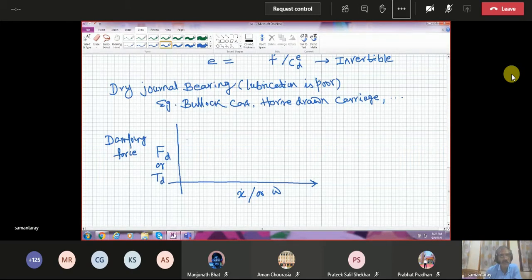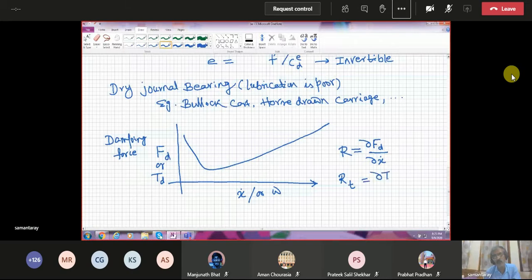It comes somewhat like this. So if it is a picture like this, we know that resistance, linear resistance, is del FD by del x dot, and resistance to rotation in rotational domain is del torque by del omega. So this slope of this curve decides what is the kind of damping.